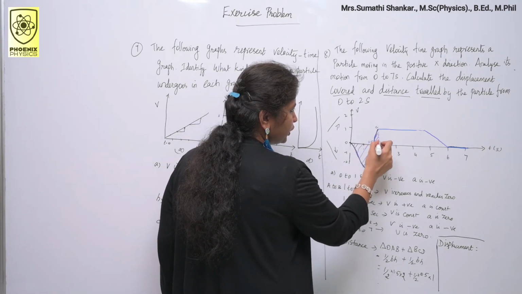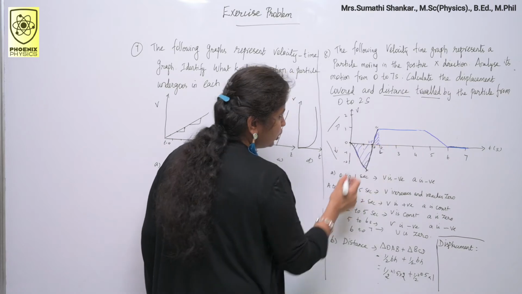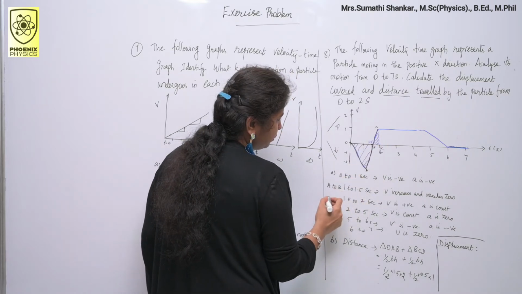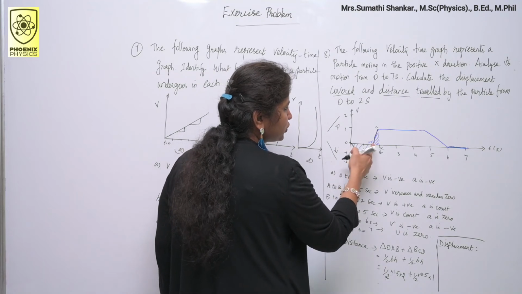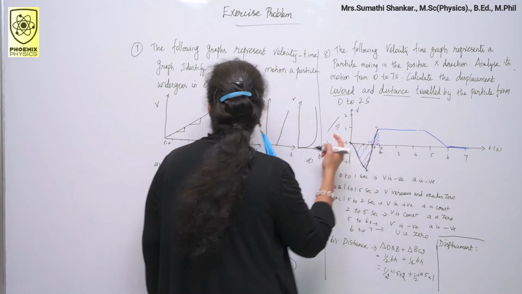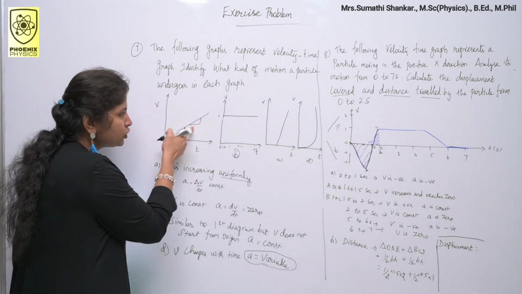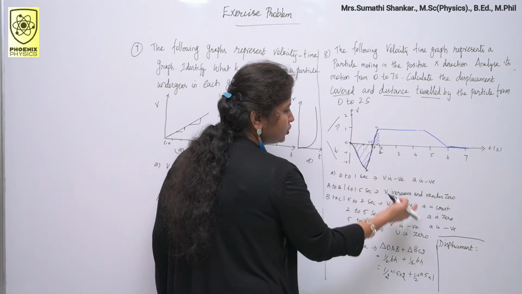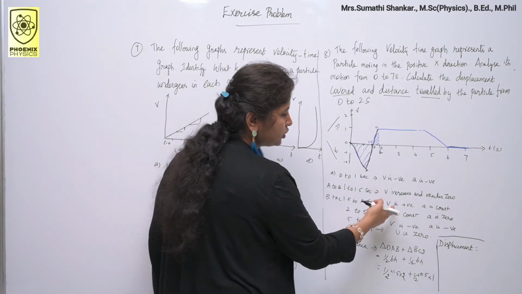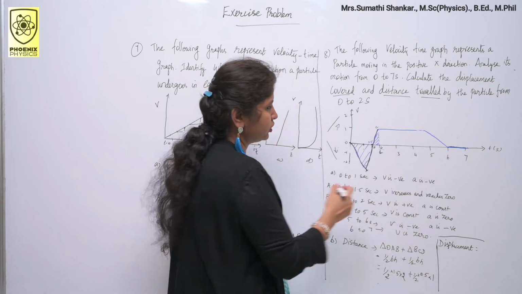So this is my 2, right? 1.5 to 2 second means B to C. B to C, the velocity is increasing uniformly like this. If it is increasing velocity means A is constant. V is positive, so A is constant.